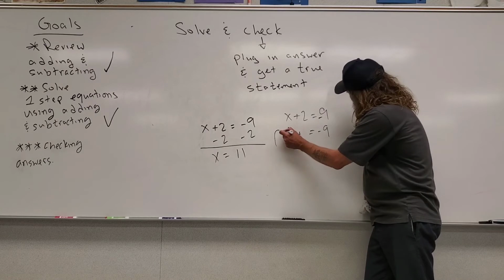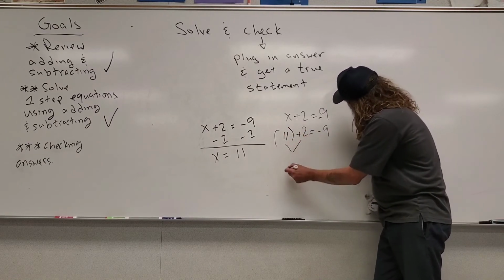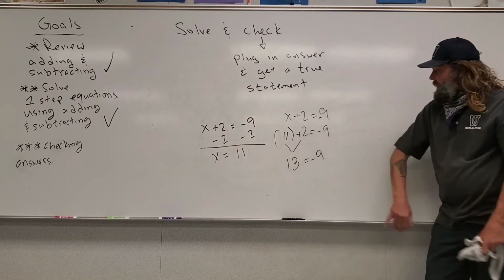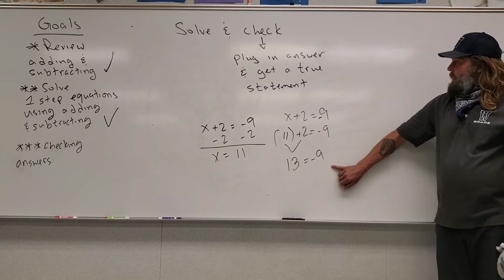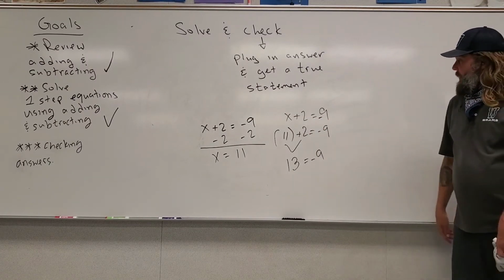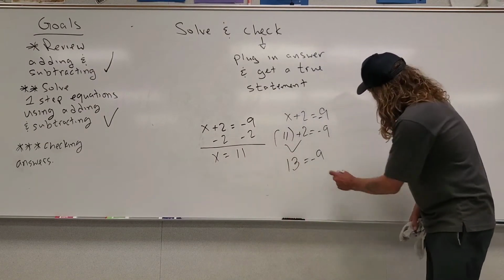And I found x to be 11. So 11 plus 2, that's going to give me 13. 13 does not equal negative 9. So I plugged in my answer, and I got a false statement. So what that means is x equals 11 is not a solution, because this is false.